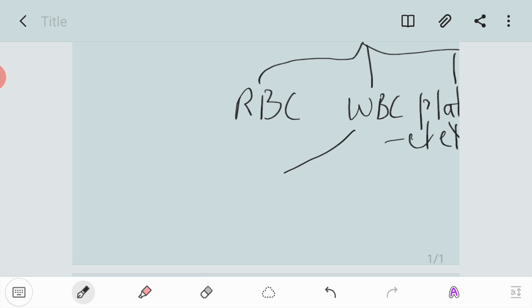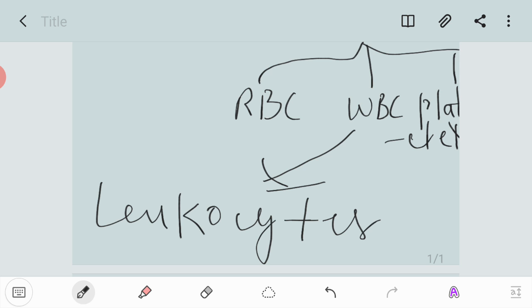WBC is nothing but your white blood cells. These are also called leukocytes, or white blood corpuscles. Corpuscles spelling you should remember, don't get confused.